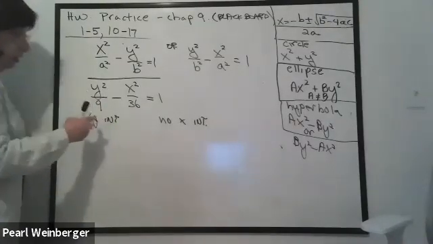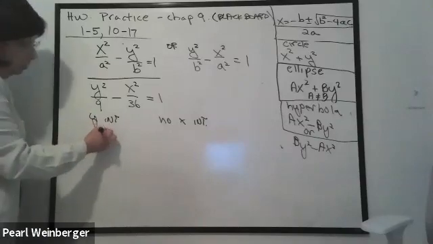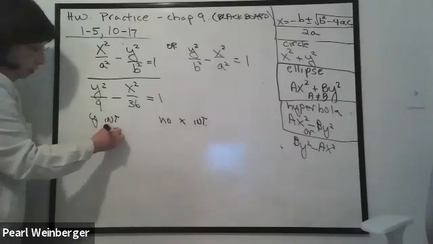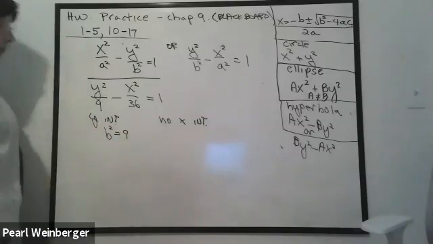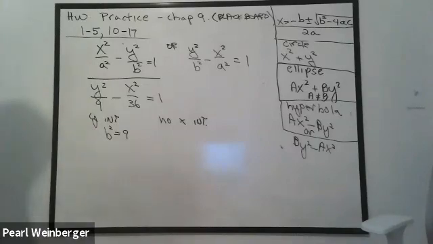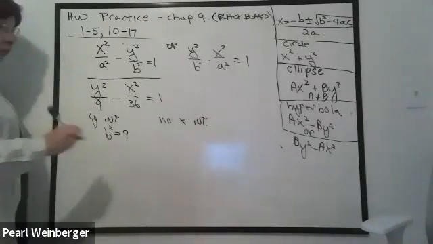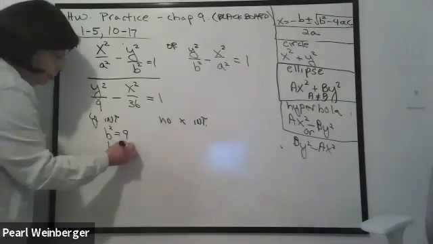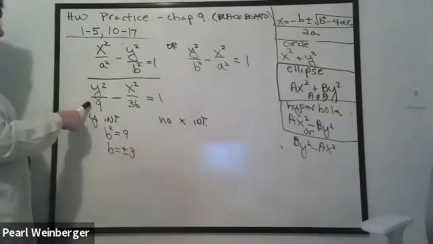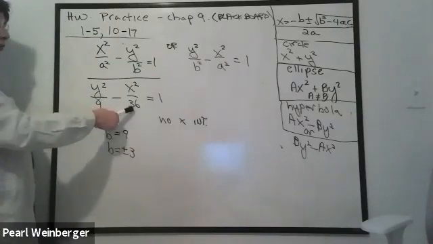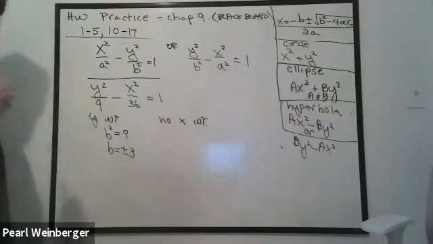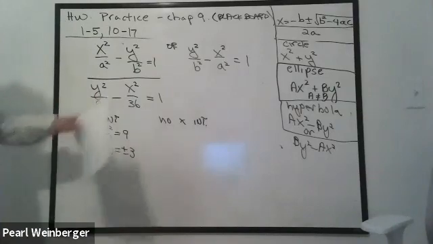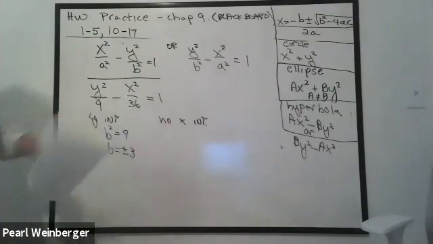We take the denominator, which is the b squared. B squared is equal to 9, which means the b has to be plus or minus 3. Remember, b squared is always under the y squared, a squared is always under the x squared. Even though the a squared happens to be 36, it doesn't help us in graphing this equation.